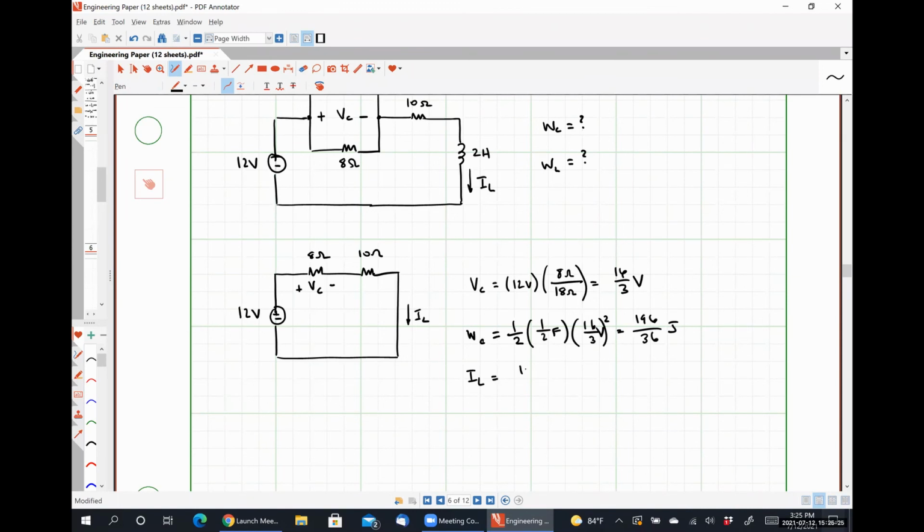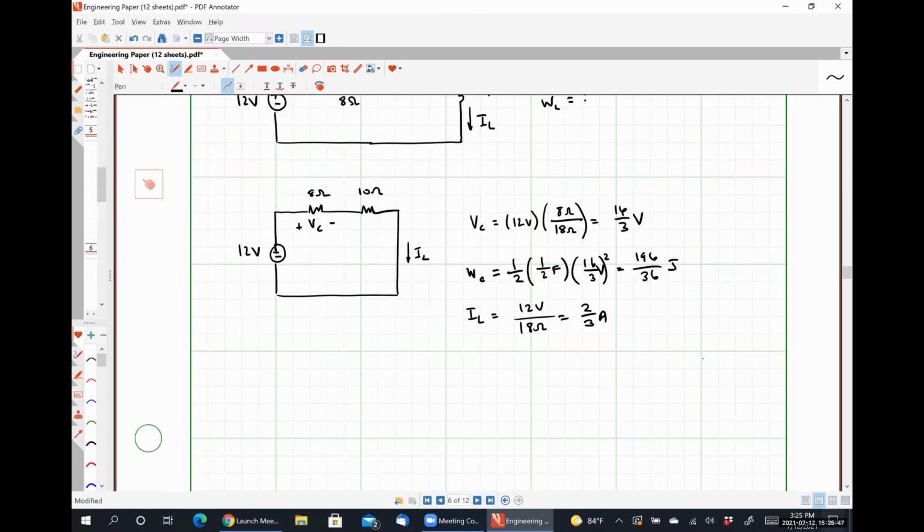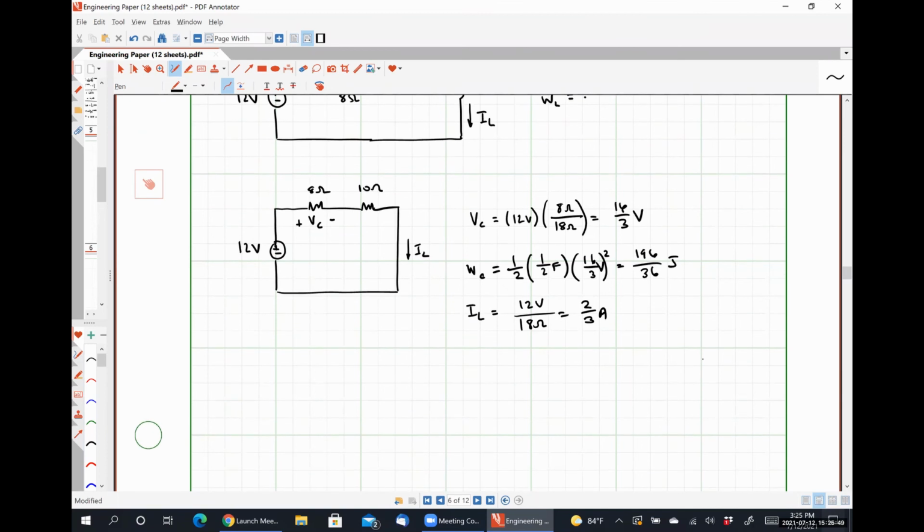I would call it 12 volts over 18 ohms looks like 2/3 of an amp, right? Your way, using the voltage drop over the capacitor and the resistance of the resistor in parallel with the capacitor, absolutely correct. But I guess I'm just being contrary today for whatever reason.